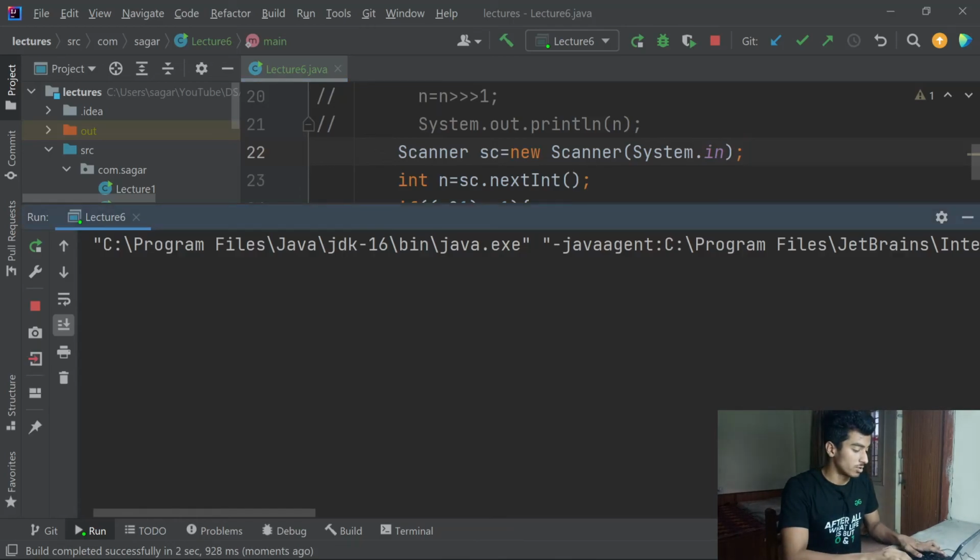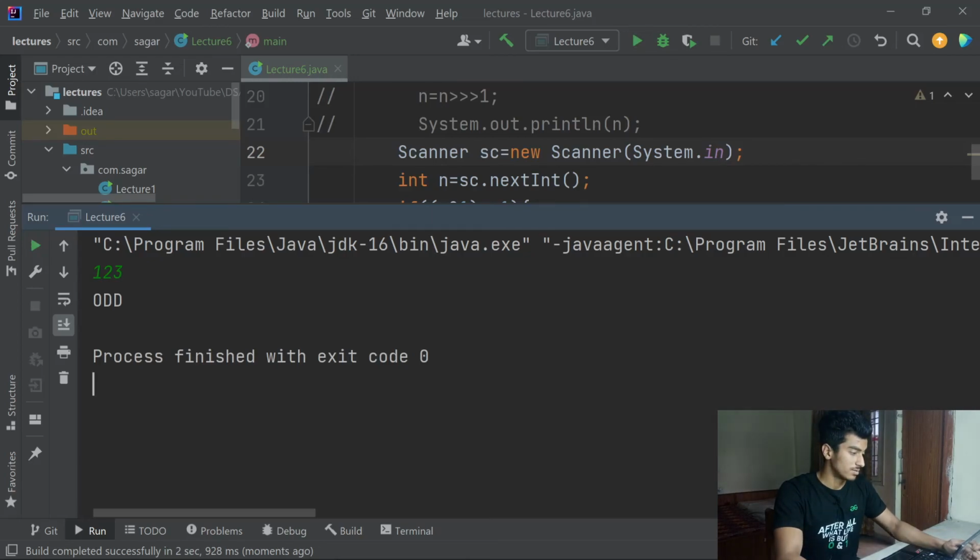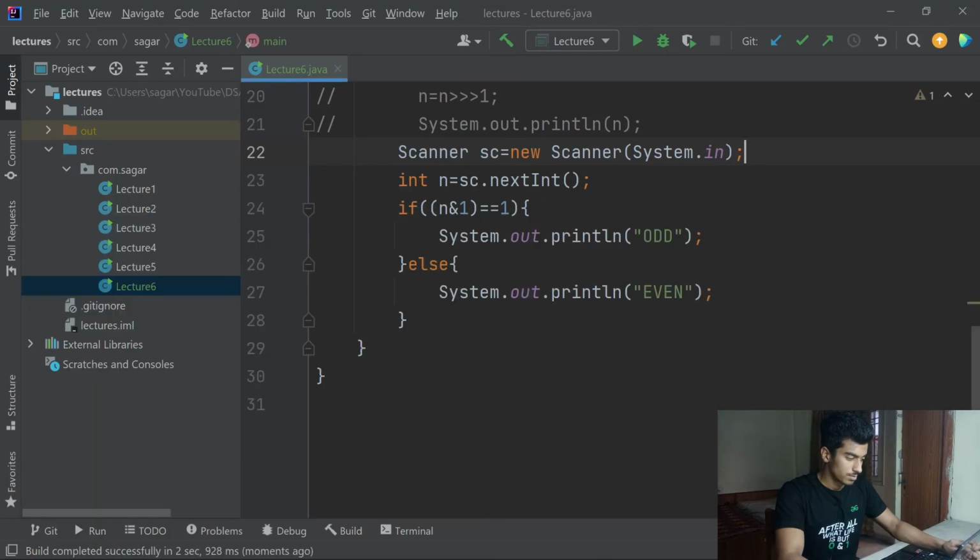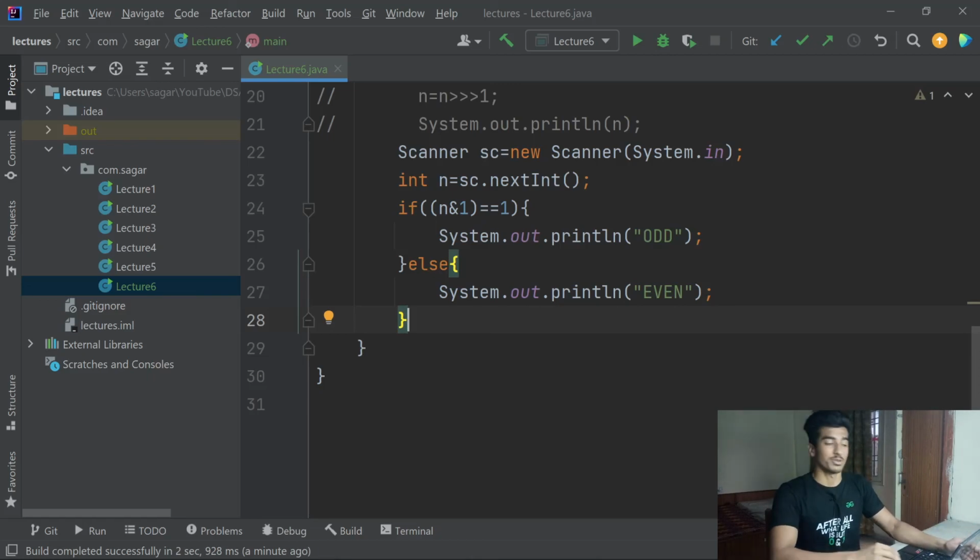Suppose my number was 123, that is an odd number, as you can see. So we can use this bitwise AND operator to find whether a number is odd or even. That was just a cool thing I want you to know.